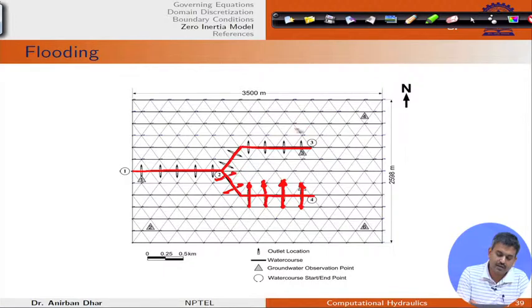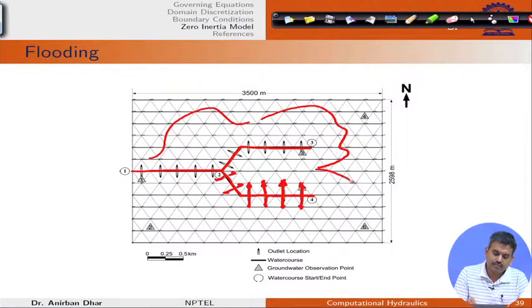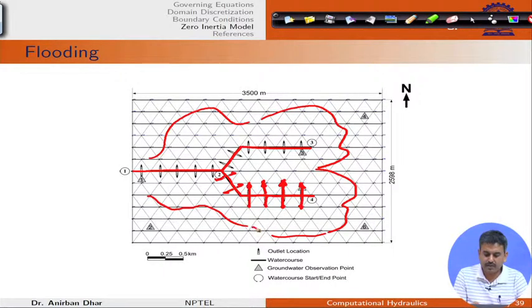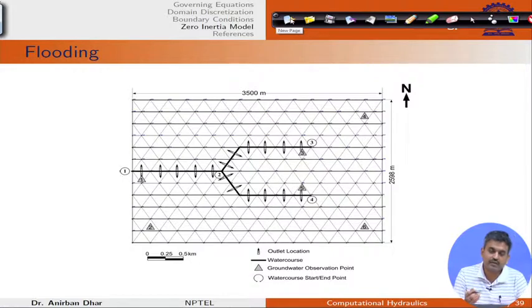So, after flooding, obviously the water will move from one cell to another cell, and there will be a flooding situation in the total area if water is applied through these canal outlets. So, this kind of problem can be solved with the zero inertia model, and we can directly apply our numerical approach for solution of that.